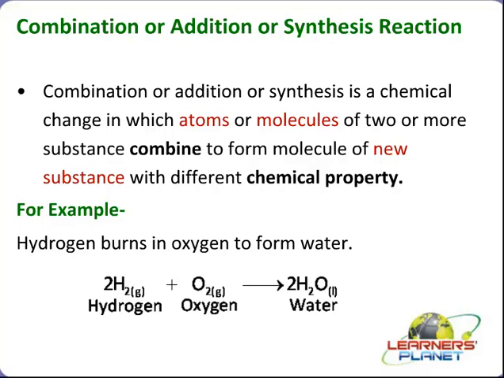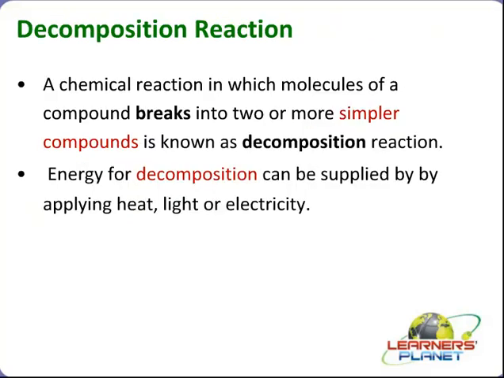It is water. Water is a liquid. There is a change in state. There is a change in the chemical properties of hydrogen and oxygen. Now what you are getting is altogether a new substance, that is water. So this is a combination reaction.